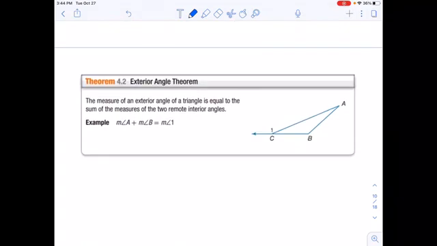So we have an exterior angle theorem. This basically is a shortcut saying that if you have an exterior angle of a triangle, it is equal to the measure of the 2 remote interiors. So the measure of angle 1 equals the measure of angle A plus the measure of angle B.